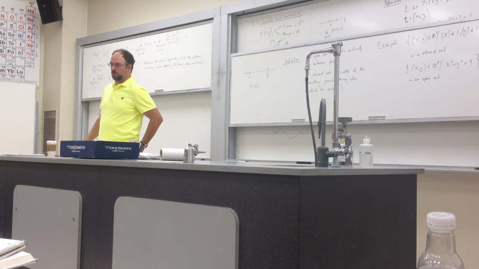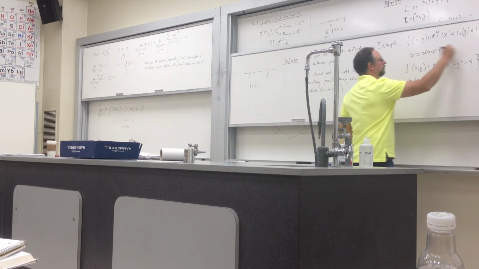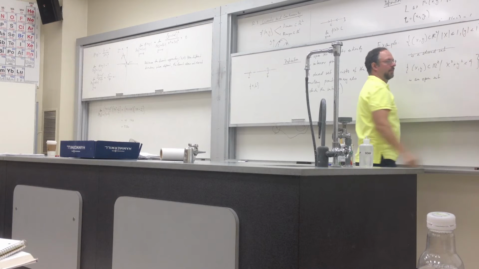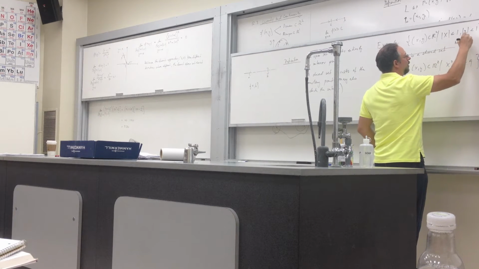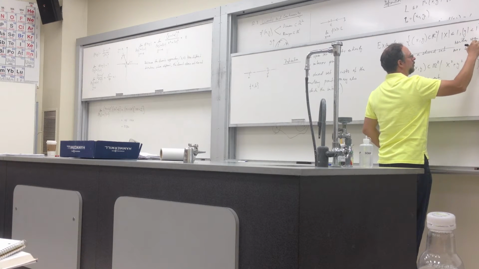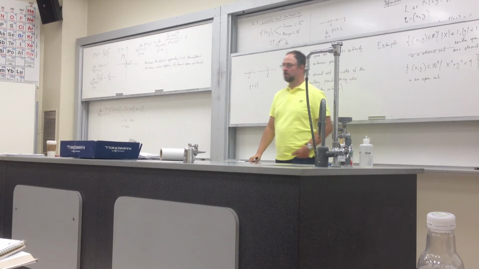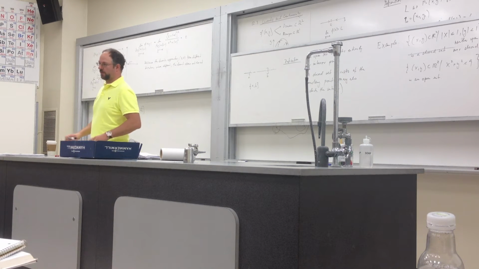In that case, if I change it like that, then it's neither open nor closed. So that's just to tell you that the set doesn't have to be one or the other.